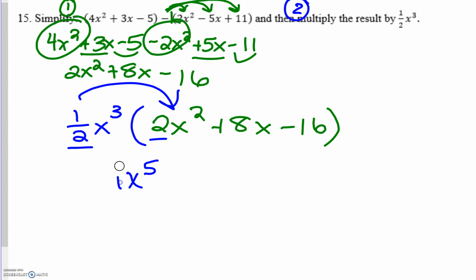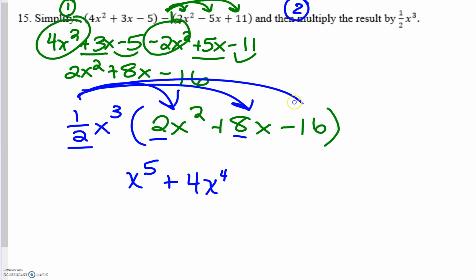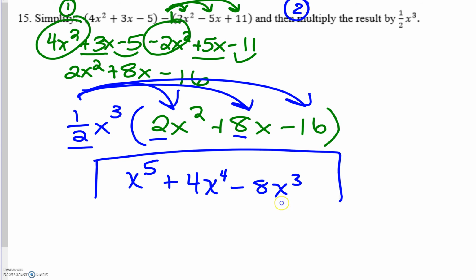We just don't need that 1 in front, so I'm going to erase it. And then 1/2 times 8 is a positive 4. X to the third times x is x to the fourth. And then 1/2 times -16 is a -8. And then we're just going to attach that x to the third. That is our final answer.